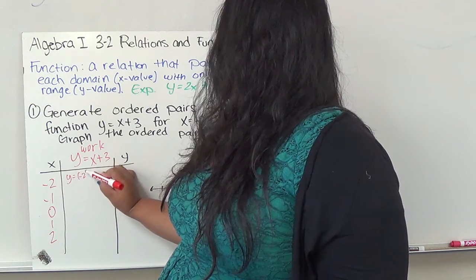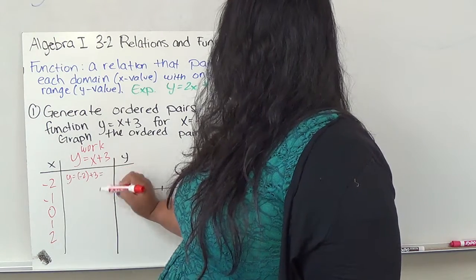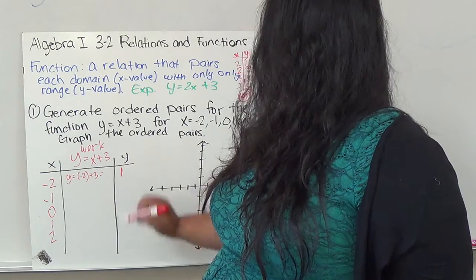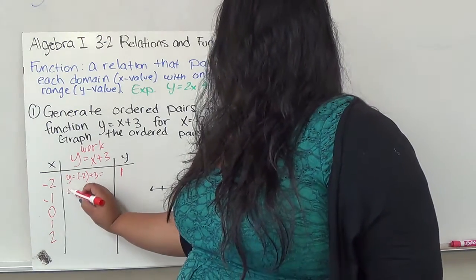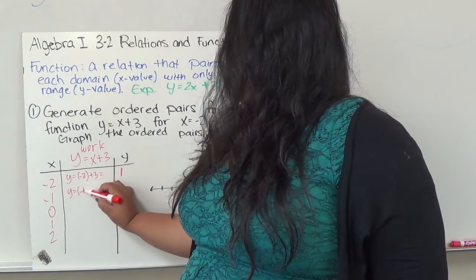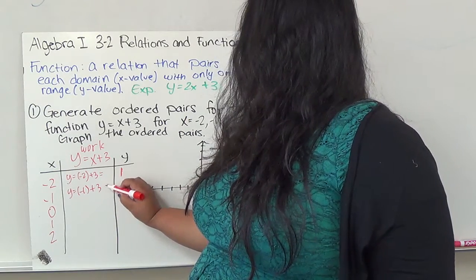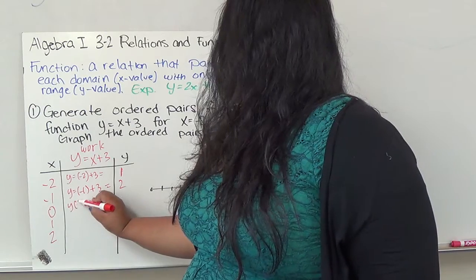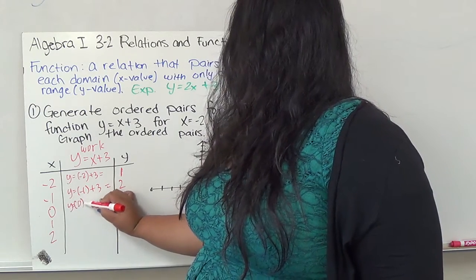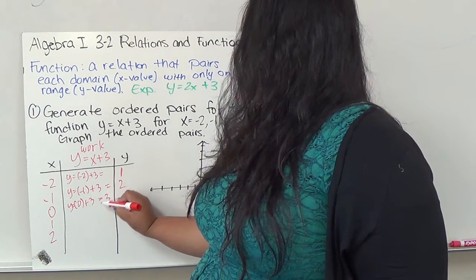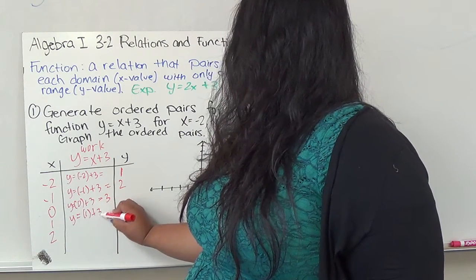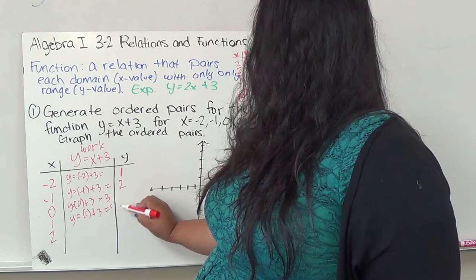So -2 plus 3 gives me 1. Okay? y equals -1 plus 3 gives me 2. y equals 0 plus 3 gives me 3. y equals 1 plus 3 equals 4.